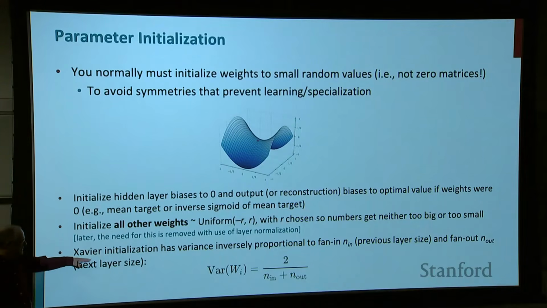One of these was the Xavier initialization, which was working out what variance of your uniform distribution to use based on the number of inputs and outputs of a layer and things like that.